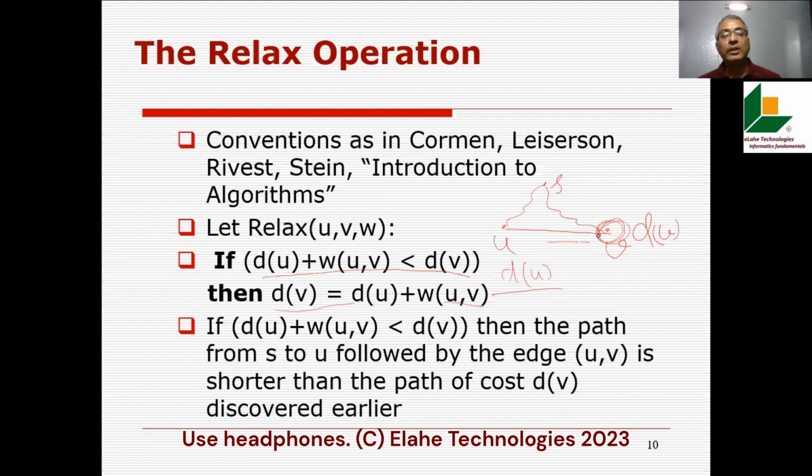It's with respect to an edge UV. If that edge UV helps you get a better path from S to V, we update the cost dV. This is the meaning of the relax operation.